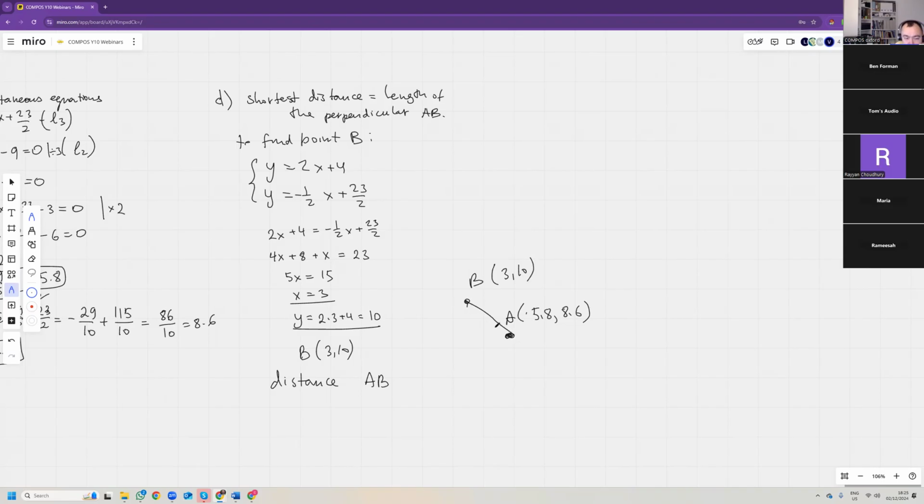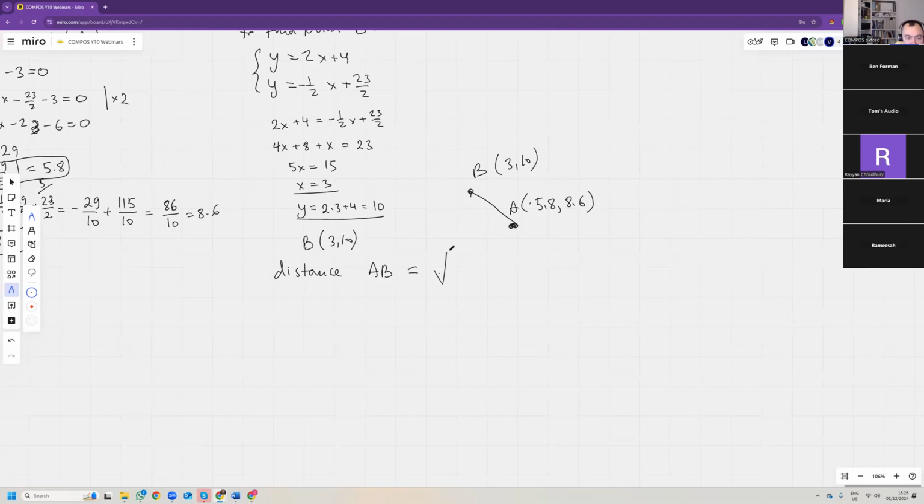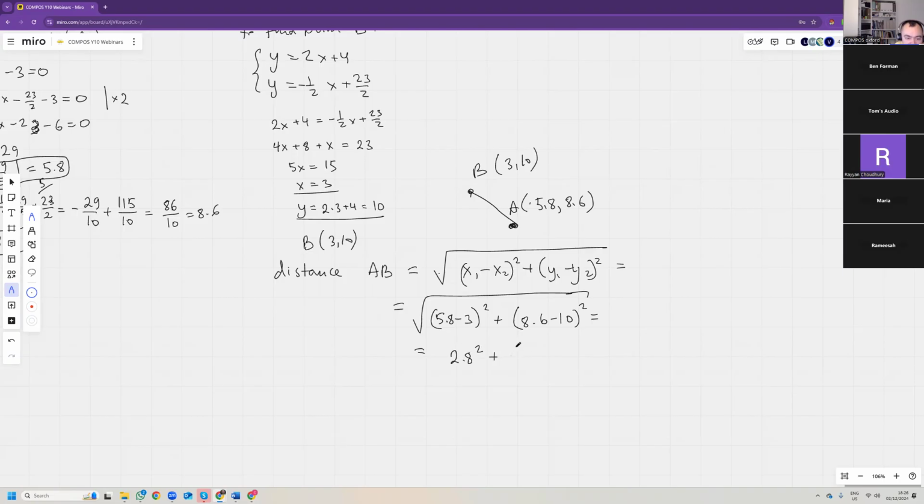The distance between the two points can be found with the square root of (x1 minus x2) squared plus (y1 minus y2) squared, and that's going to be 5.8 minus 3 squared plus 8.6 minus 10 squared, which is 2.8 squared plus 1.4 squared.